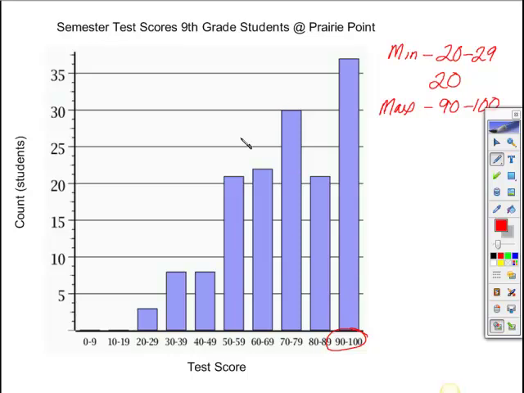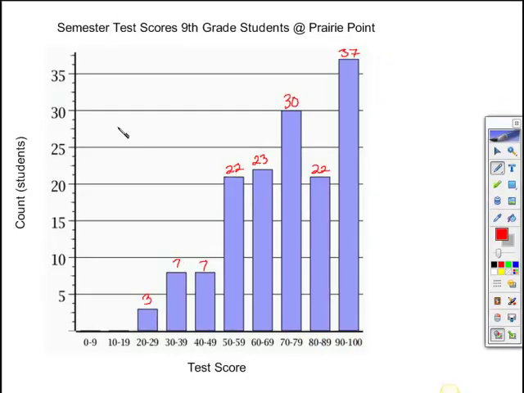And then maybe you want to talk about a cluster here as well. But this is definitely our highest area of data. And if we were to add these up, if we were to say this was 37, and then this was 22, and this was 30, here we have, let's say, 23, 24, let's say this is 7, 7, and if we add those up, we get 151.